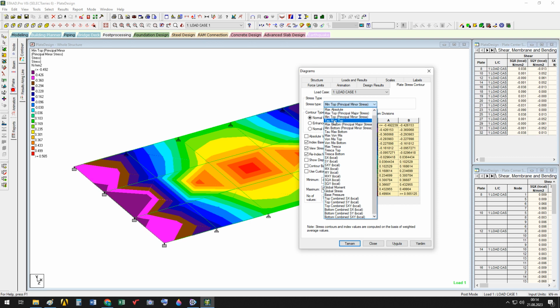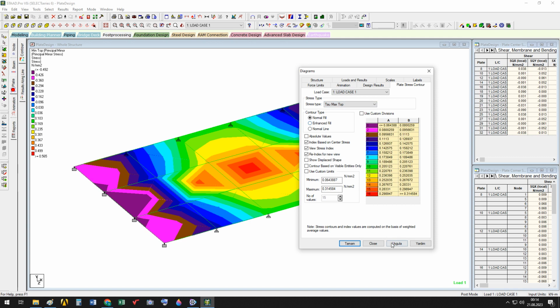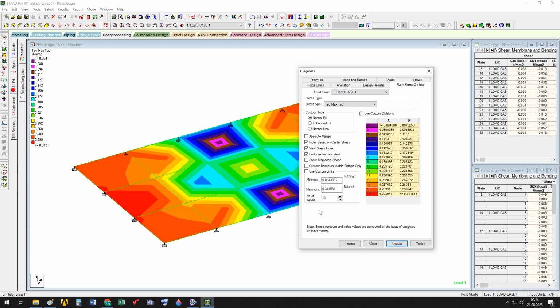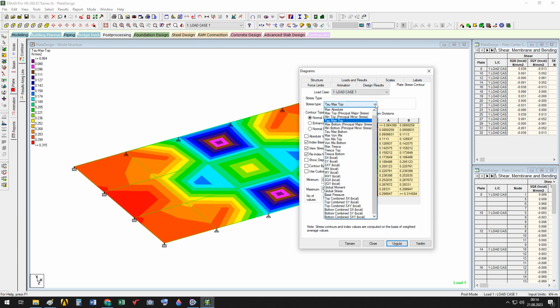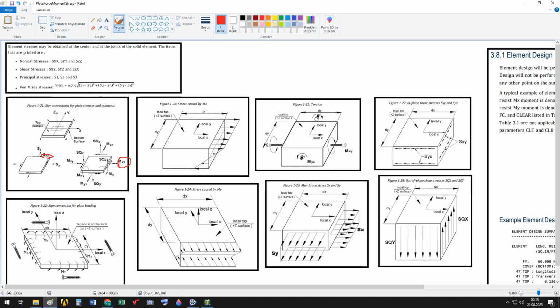What is tau? Is there any explanation for tau? Tau is the symbol used for shear stress. But here shear stresses are given generally with those symbols, not with tau, for plate elements.